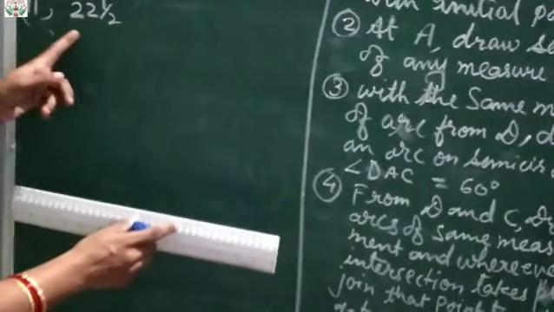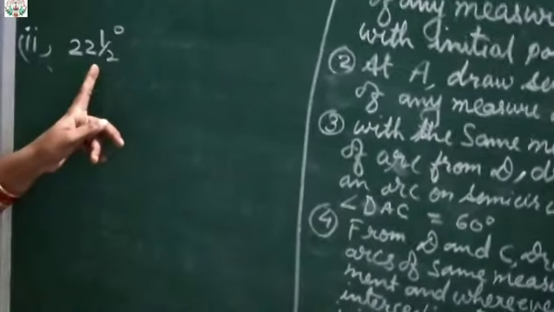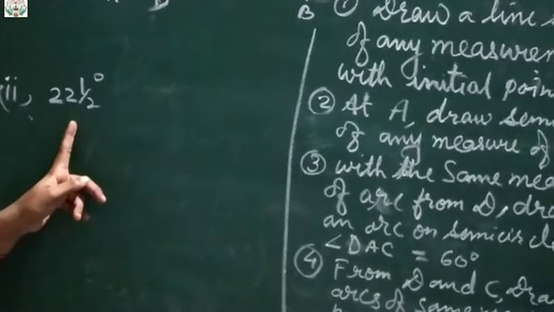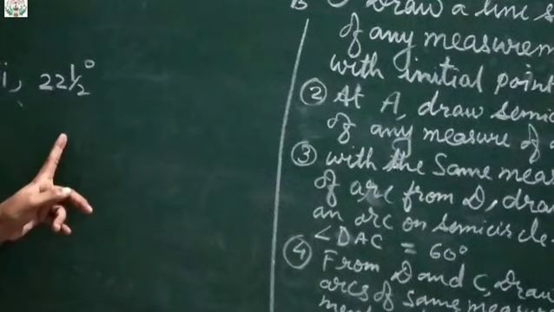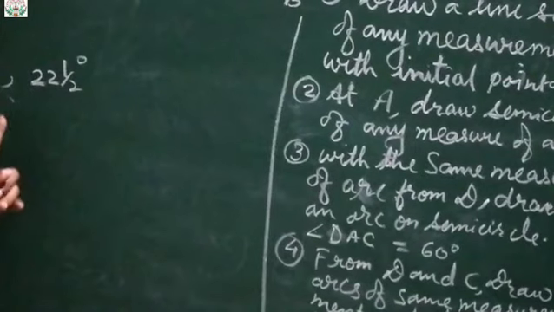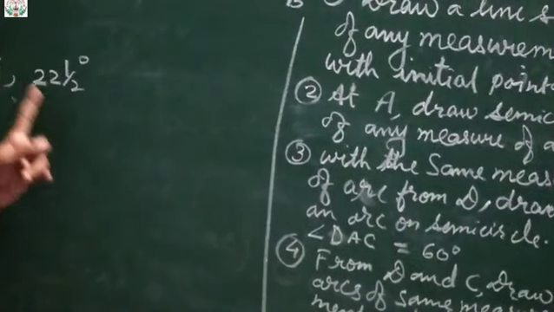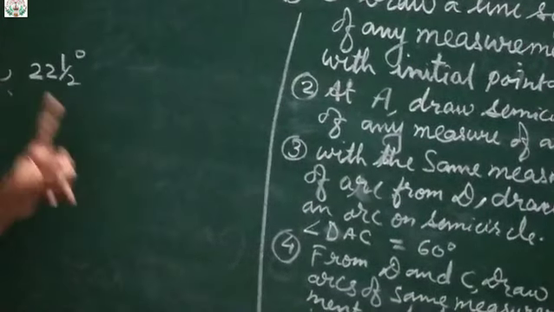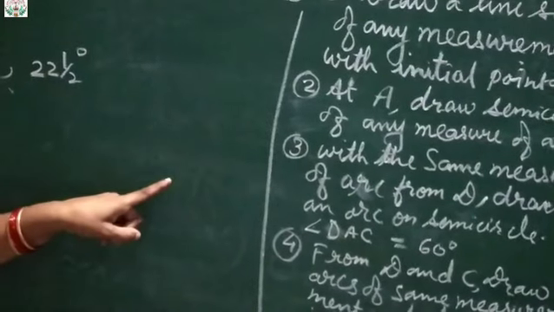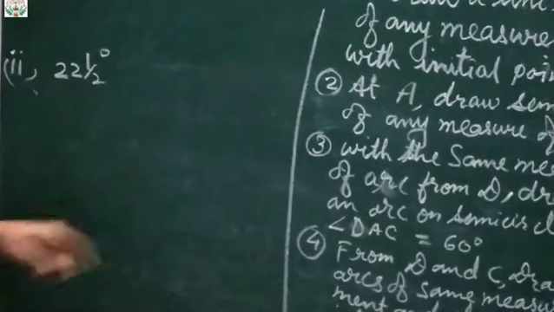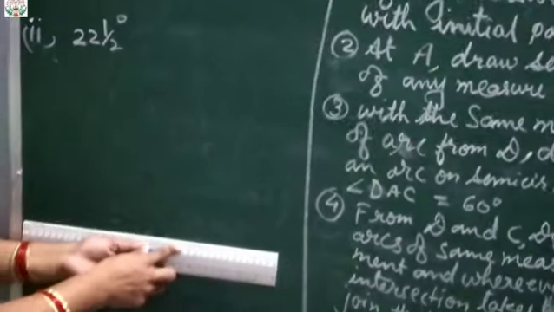You have to write the step of construction of your own. Okay, now for this one, 22 and a half is the half of 45 degree and 45 degree is the half of 90 degree. That means for this construction we need to have 90 degree, then 45 degree and then 22 and a half we will get. Okay, so for that what we will do? Draw a line.